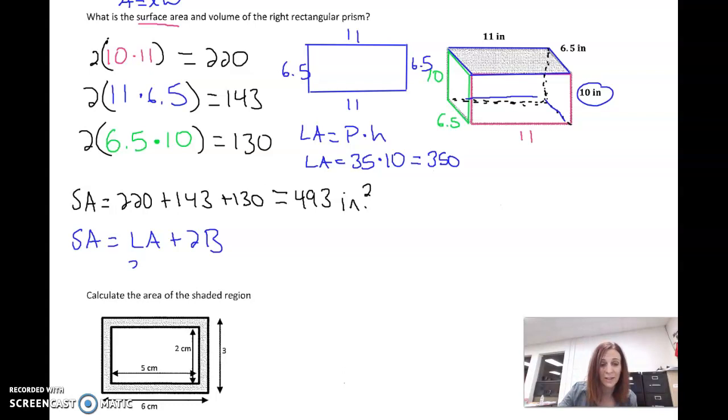So I go 35 times 10 and get 350. So my lateral area is 350 plus 2 times capital B. Capital B is area of the base. Well, this is a rectangle, so the area is 11 times 6.5, and that's 71.5.